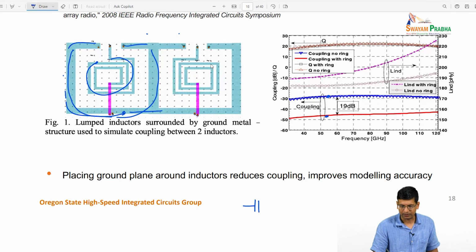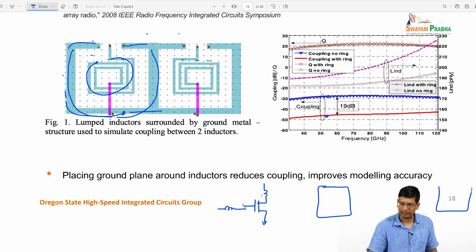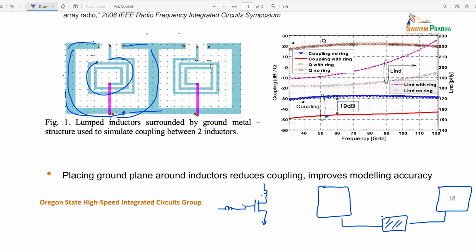So for example, let's say that I have some gate inductance and I have some drain inductance, right? And I decide that I want this to be separate. So I do a gate here and I drain here and I put my device over here. Then in order to get to this point and to go to this point, this L wire G and L wire D might itself be a significant fraction of this, right?